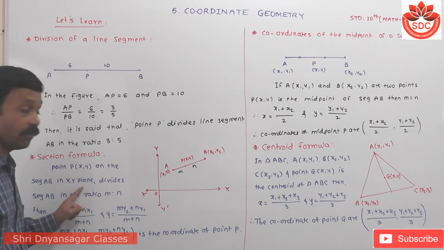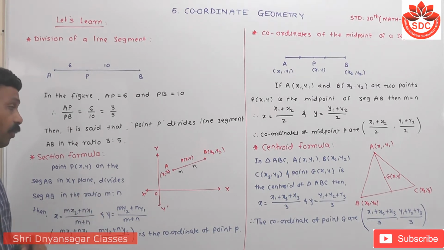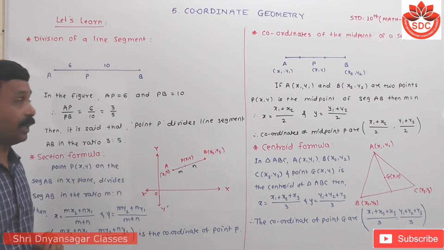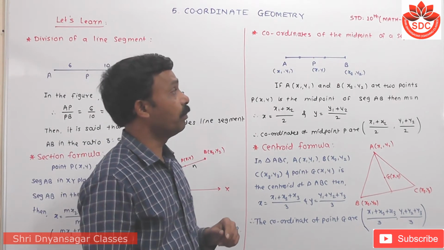This is the section formula, a very important formula. We use this formula directly to find the x and y coordinates of any point which divides any segment in a ratio.